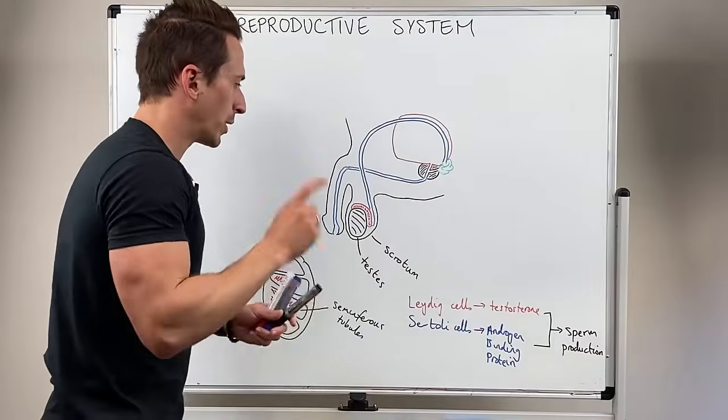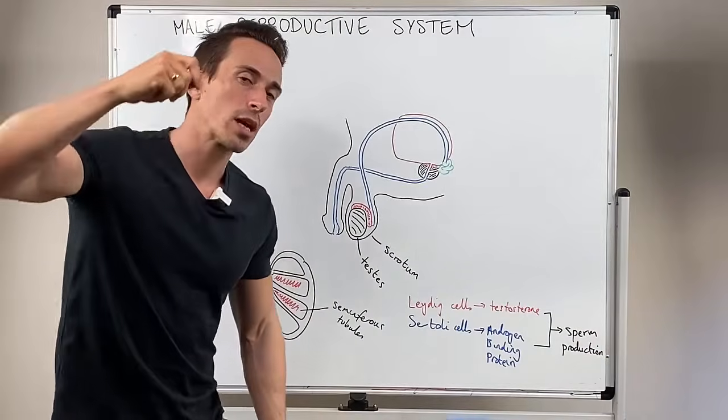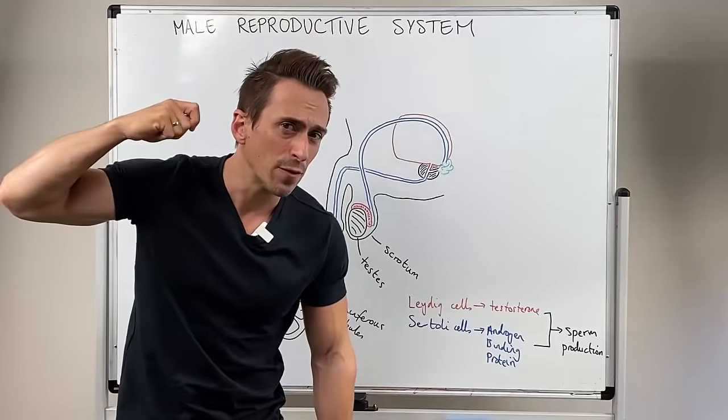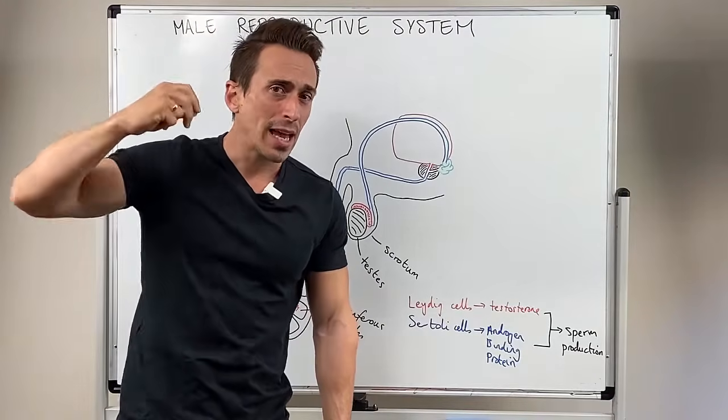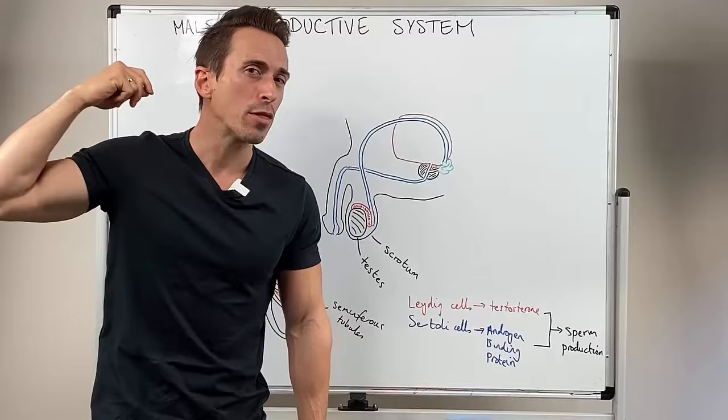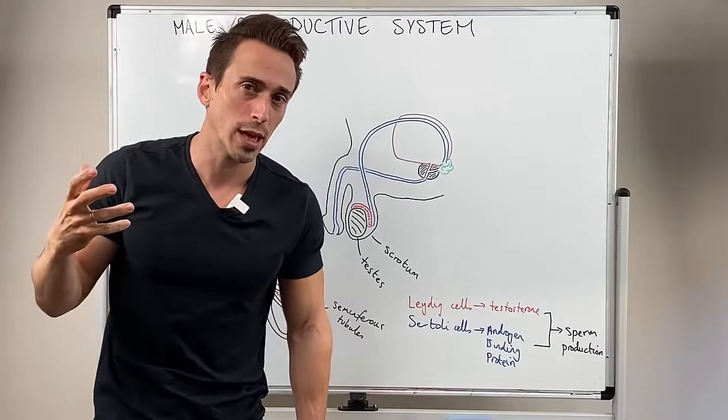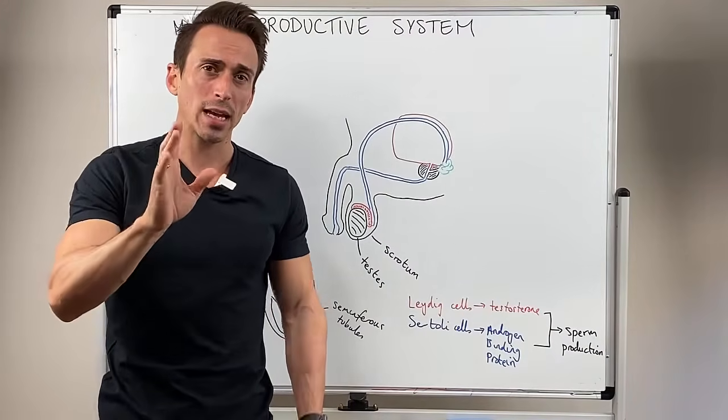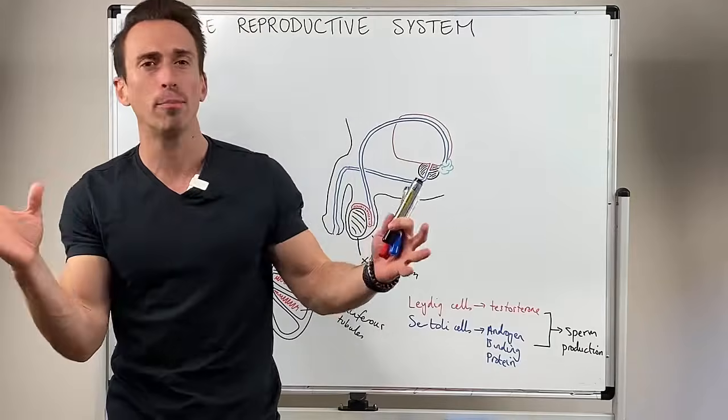Now this is important because you're going to have signals coming from the brain, specifically from these glands that sit underneath the hypothalamus in the brain, called the pituitary glands. And the pituitary gland has two lobes, an anterior and posterior.